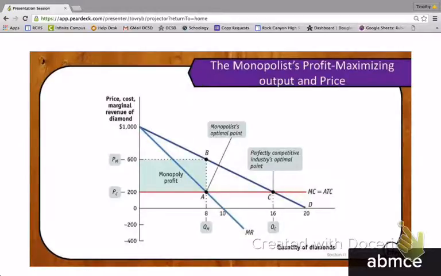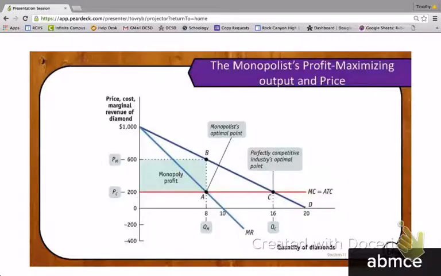Here, the firm will maximize its profit by charging a price where marginal revenue equals marginal cost at point A. That, you can see if we go down, is a quantity of 8 units, but the price it will charge will not be $200 at that point. It will have to go up to its demand curve at point B and then over horizontally to that price to see it will charge a price of $600.